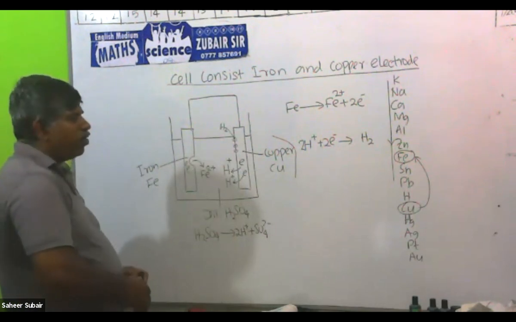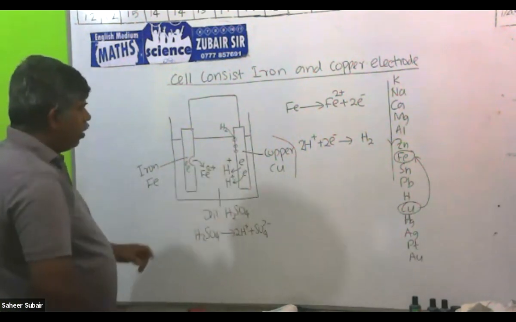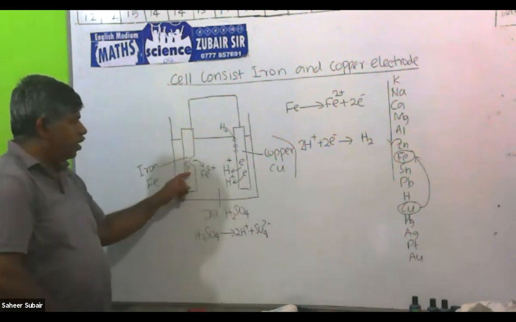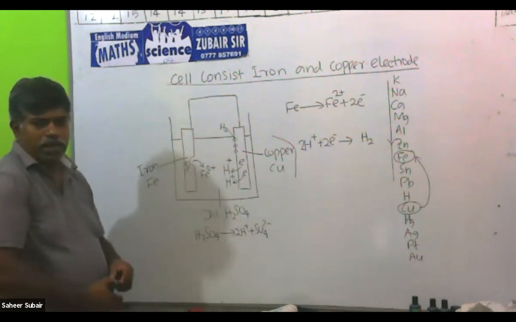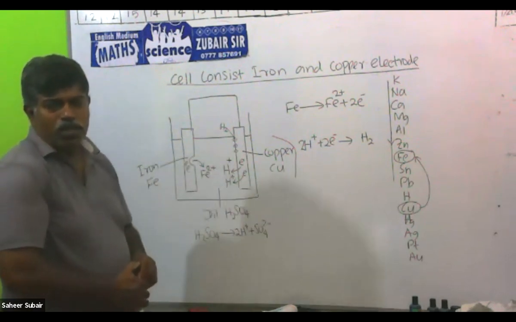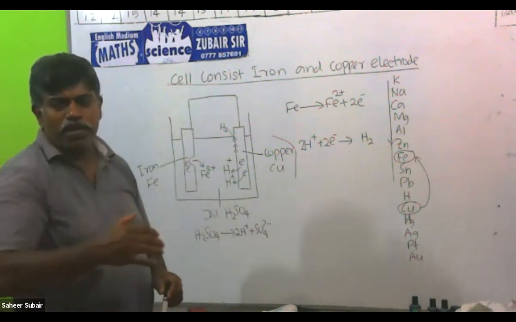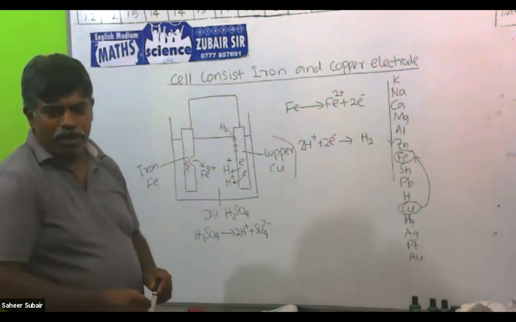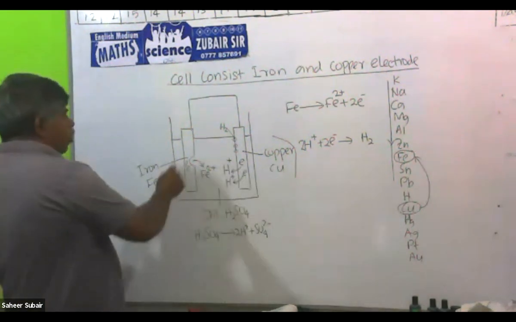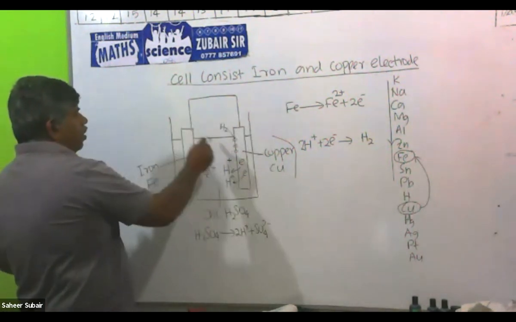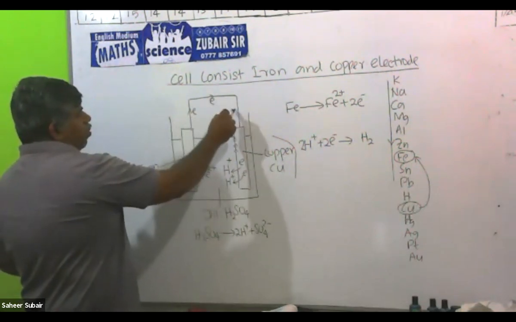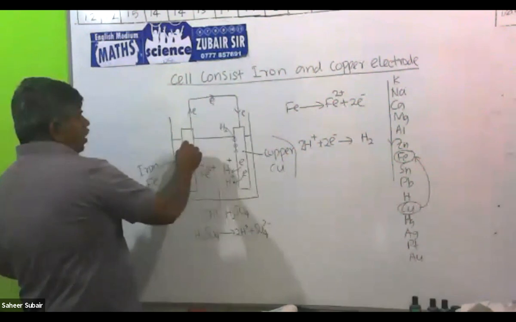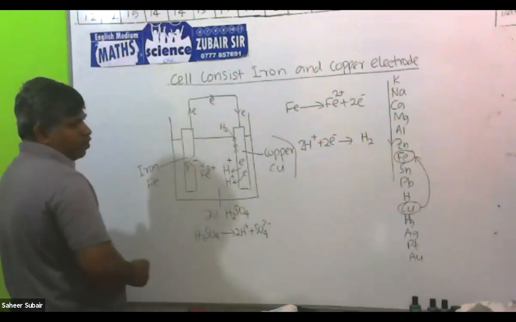Then what is happening to the electrons? Electron concentration increases here. Electron concentration decreases there. Because of that, electrons start to flow from high concentration to low concentration. So the one and only way to flow is the external circuit. Electrons start to flow from this rod to that rod.